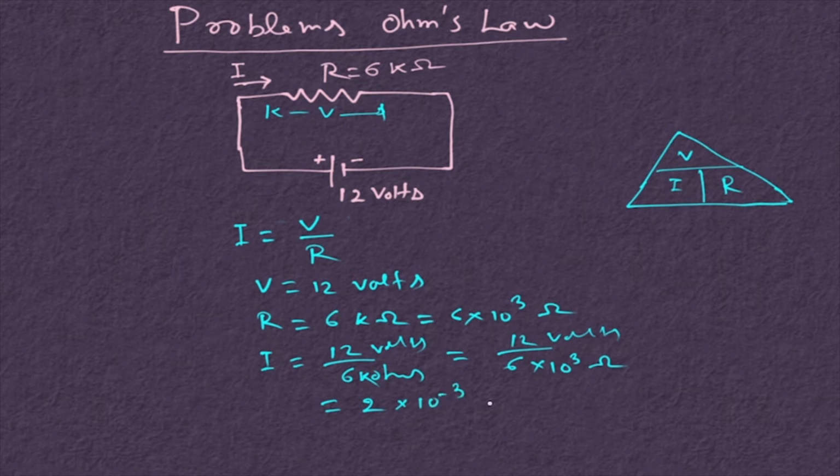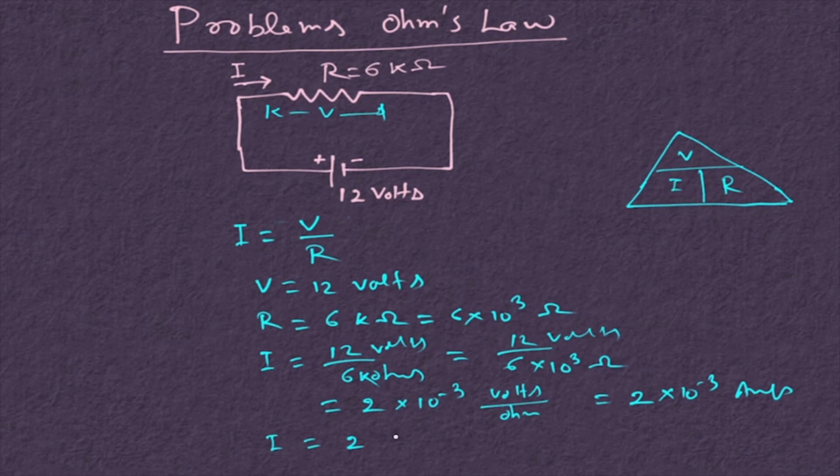It will become 10 to the minus 3 volts by ohm. That is equal to 2 into 10 to the power minus 3 amperes.